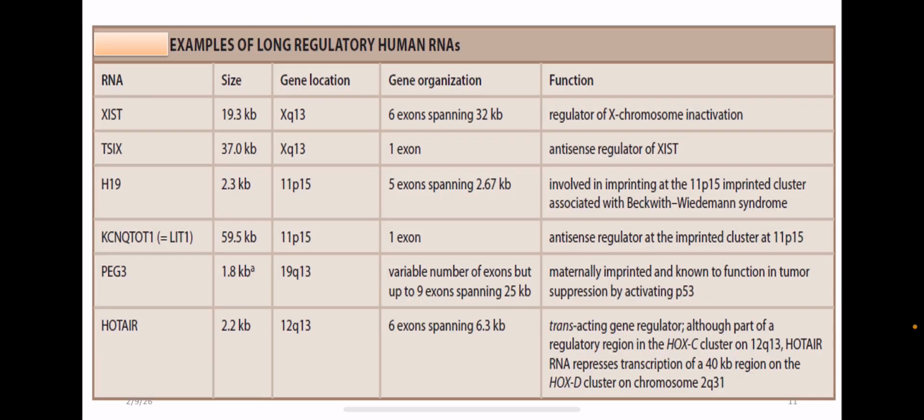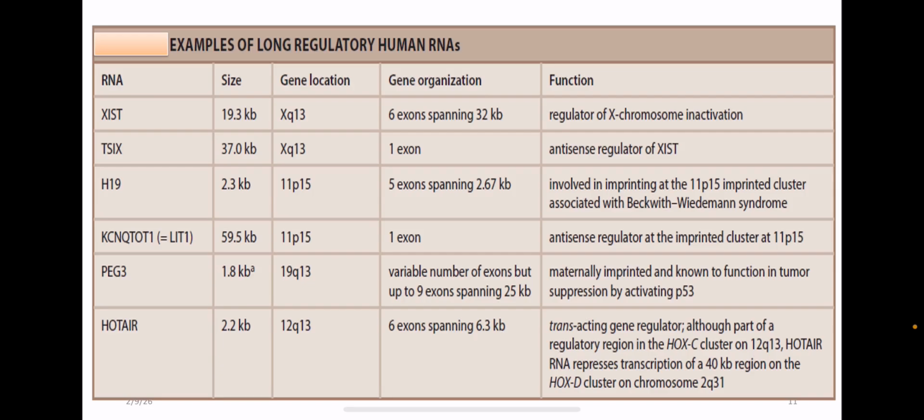Another form of these functional RNAs are the long non-coding RNAs. You can call them NC, that means non-coding, or LNC, long non-coding. Not much is said about this one, what it does is not really documented, so its function is currently unknown.